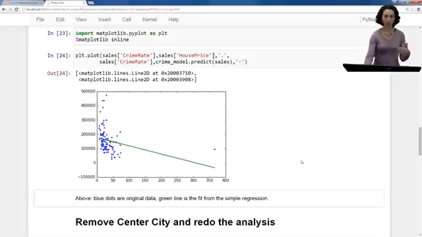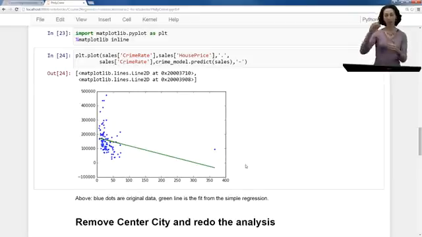So we do see a trend where house value decreases as crime increases. The slope of this line is negative. But one thing that we pretty immediately see is there's an observation out here. There's this blue dot, which has extremely high crime rates.